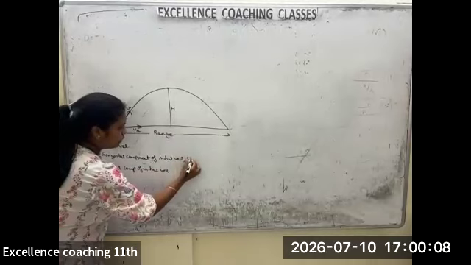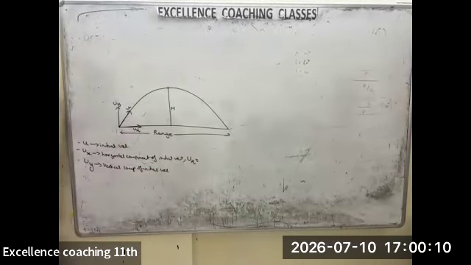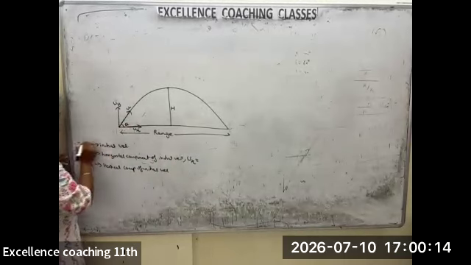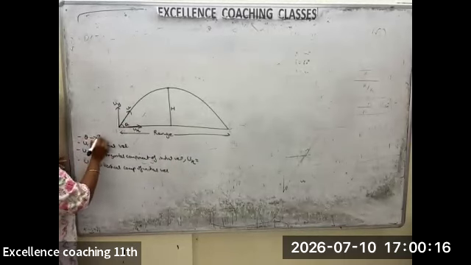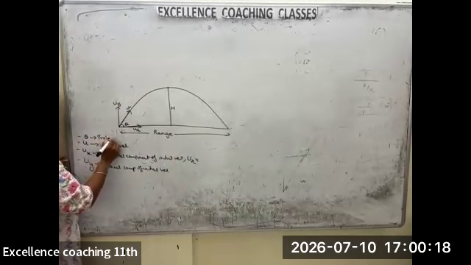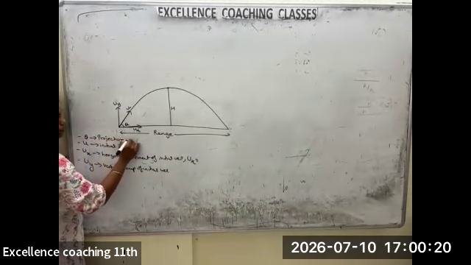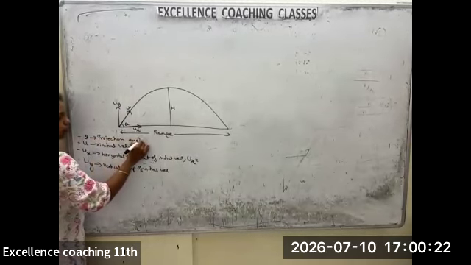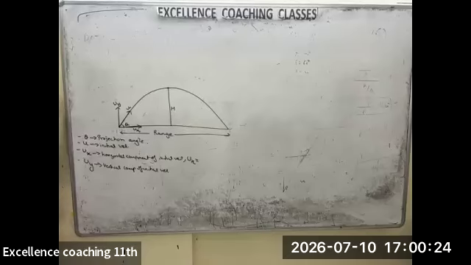Okay, can you tell me what is ux equal to? Okay, theta. What is this theta? It is called projection angle or angle of projection. At what angle I throw the object. Okay, now tell me, do you remember?